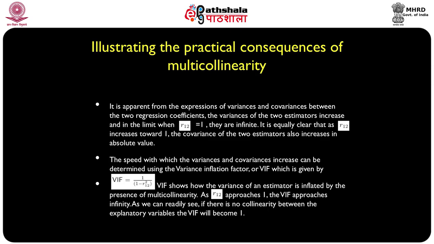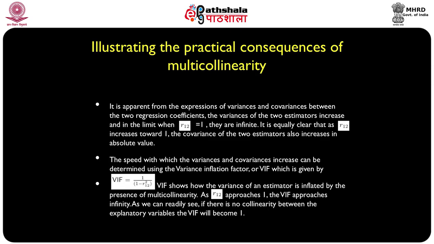The speed with which the variances and covariance increase can be determined, and we determine it using the variance inflation factor or VIF. The VIF is given by 1 divided by 1 minus r12 square. VIF shows how the variance of an estimator is inflated by the presence of multicollinearity.